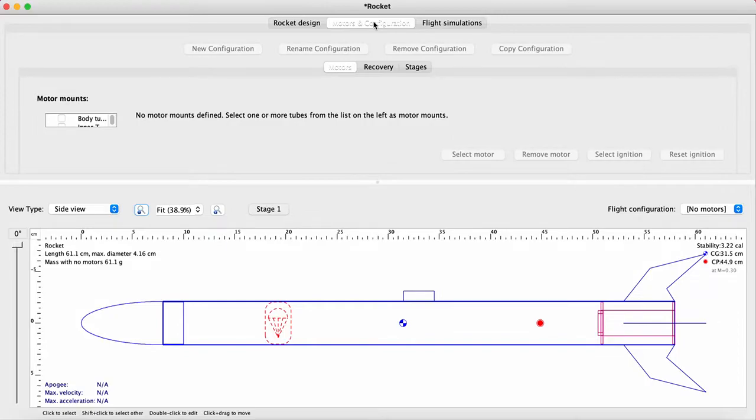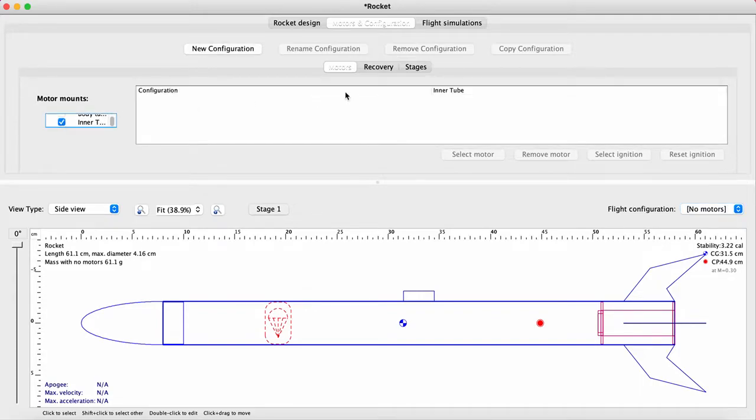But you want to go over here to motors and configurations, okay? And next up, you want to select inner tube. Select inner tube over here. And then this comes up and we want to do new configuration.